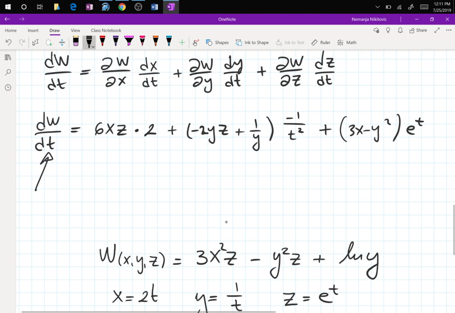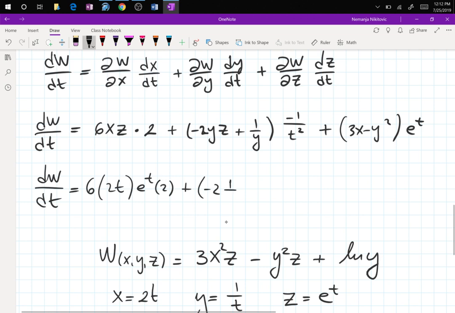So we are going to now do algebra to simplify this. So 6 times x is 2t, z is e to the t, and then we have times 2, plus negative 2, y is 1 over t, z is e to the t, plus 1 over y, which is 1 over t, is just a t.